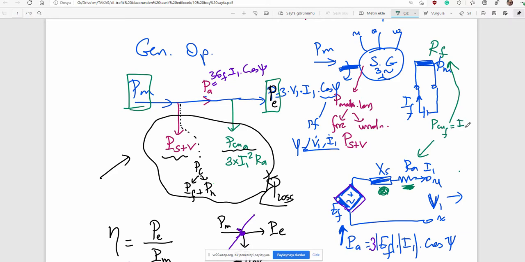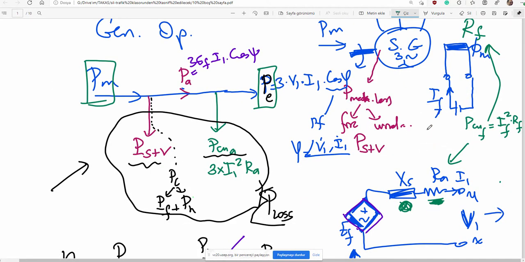It can be simply written as IF squared times RF. Here it is DC. There is only one winding, so there is no need to multiply it by 3. There is no 3-phase. It is DC.